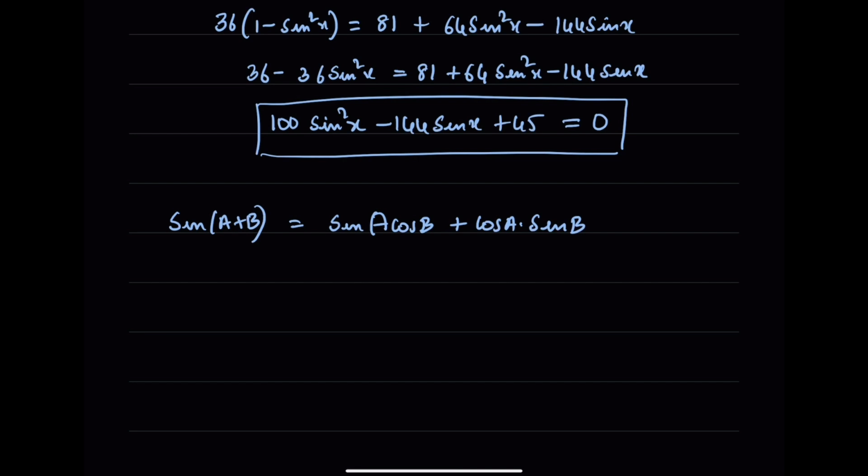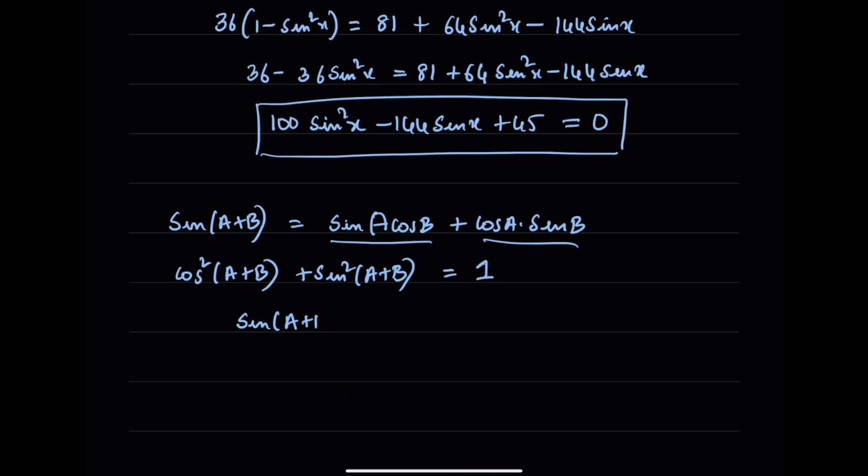So instead of finding them individually, what we can do is apply this trigonometric identity, which is cos square of a plus b plus sine square of a plus b is equal to 1. So sine of a plus b is equal to square root of 1 minus cos square of a plus b.